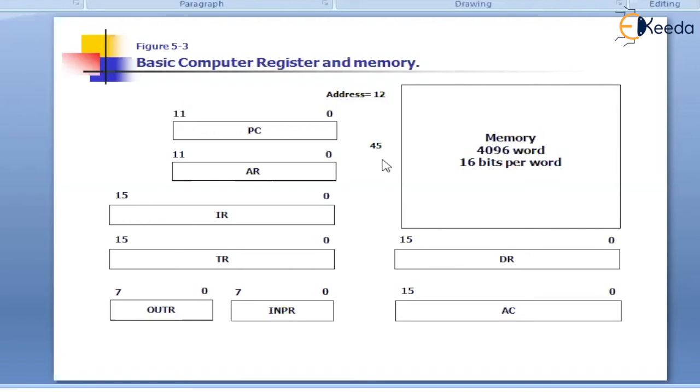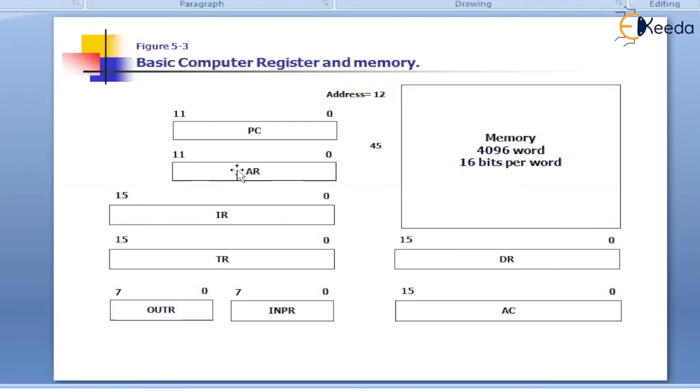But the CPU doesn't send the addresses directly. The CPU will have to use the address register to locate an address in the main memory. So the 45th address, which is required by the CPU currently, should be transferred to the address register.